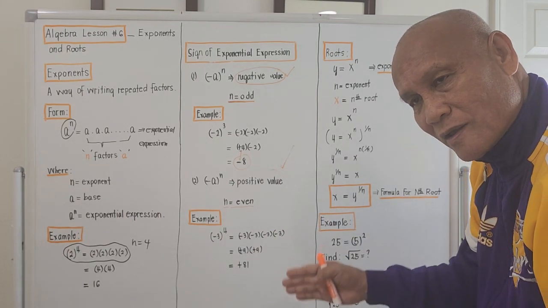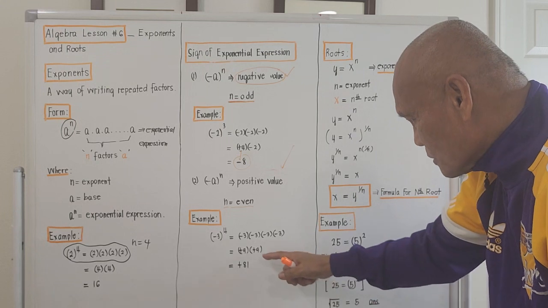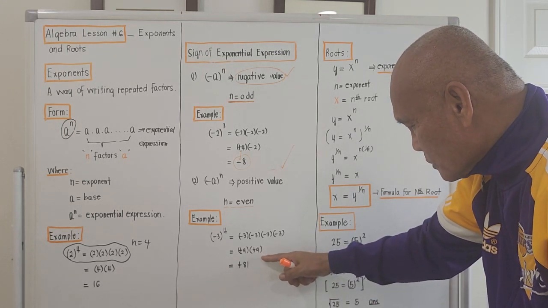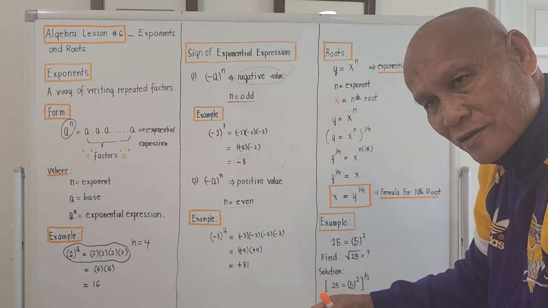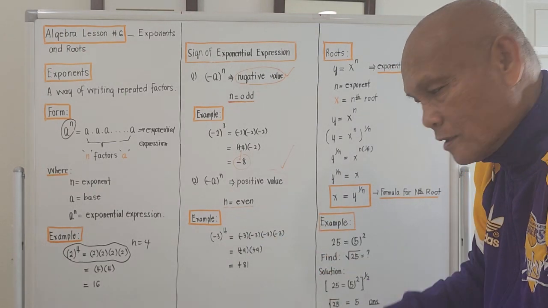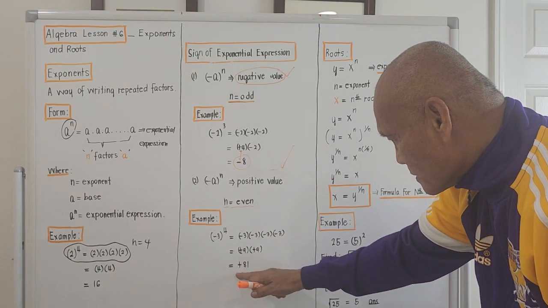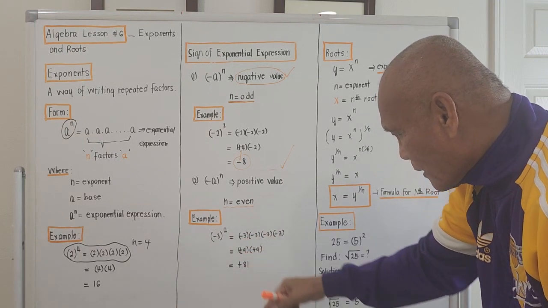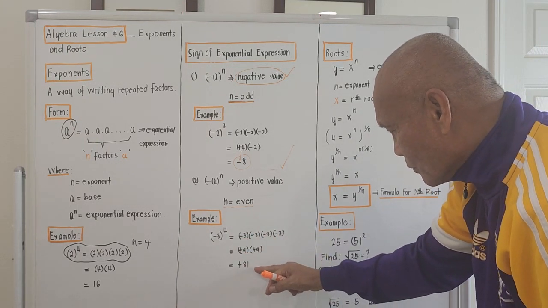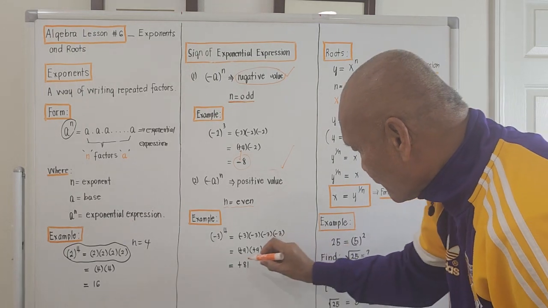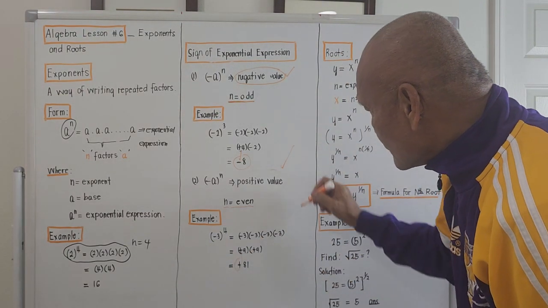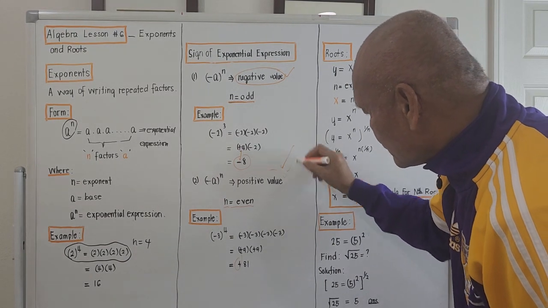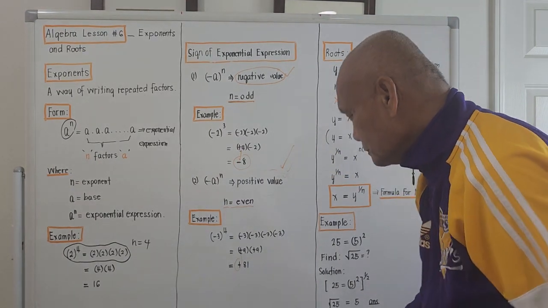So a plus 9 times a plus 9 will be a plus, since a plus and a plus under multiplication is a plus. So the overall sign is plus, and the numerical value will be 81. As you can see, the sign is actually plus. Right? So this is correct.